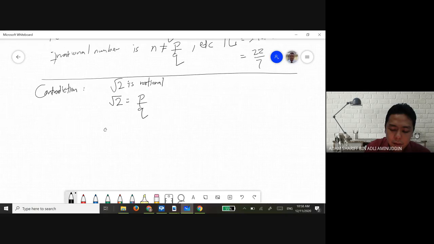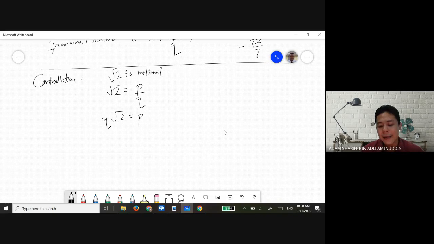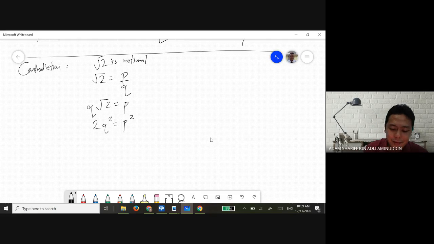Therefore, q square root of 2 equals p. By squaring both sides, it becomes 2q squared equals p squared. P squared equals 2q squared.